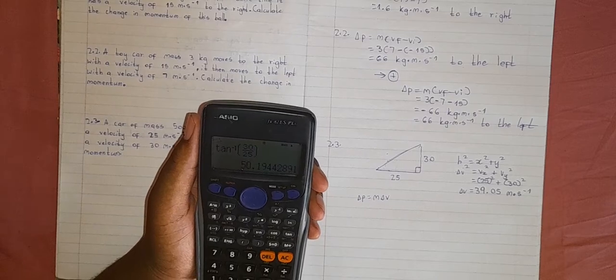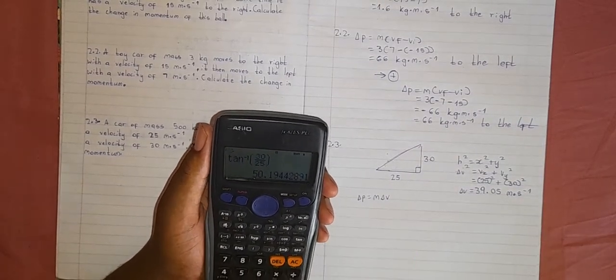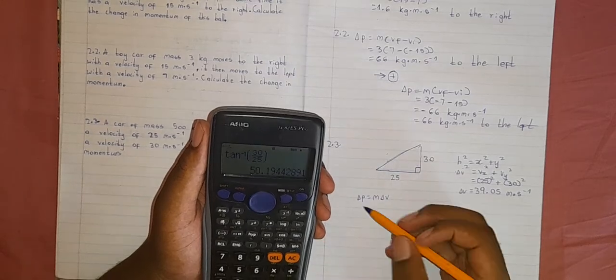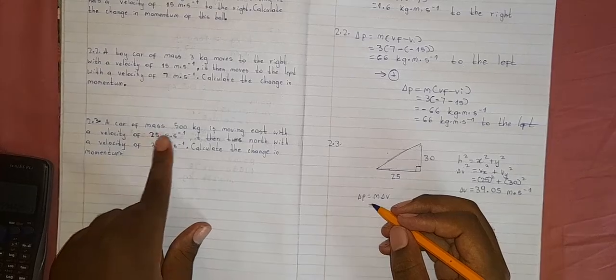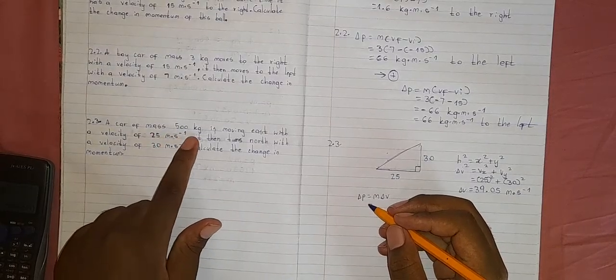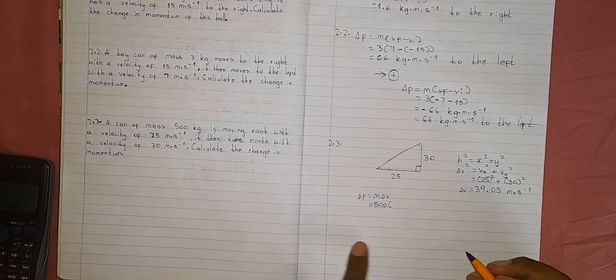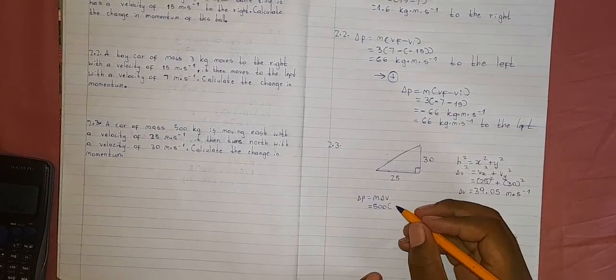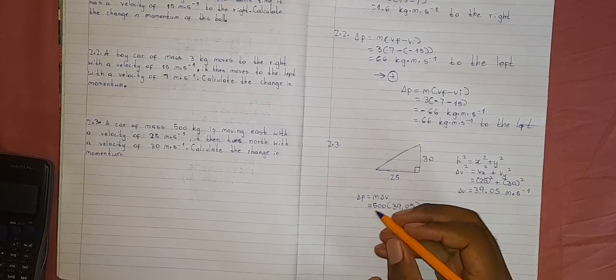But here we are not interested in the direction of the final velocity, we are interested in the change in momentum. So to answer this question, the mass is 500 kg, and the change in velocity is 39.05.